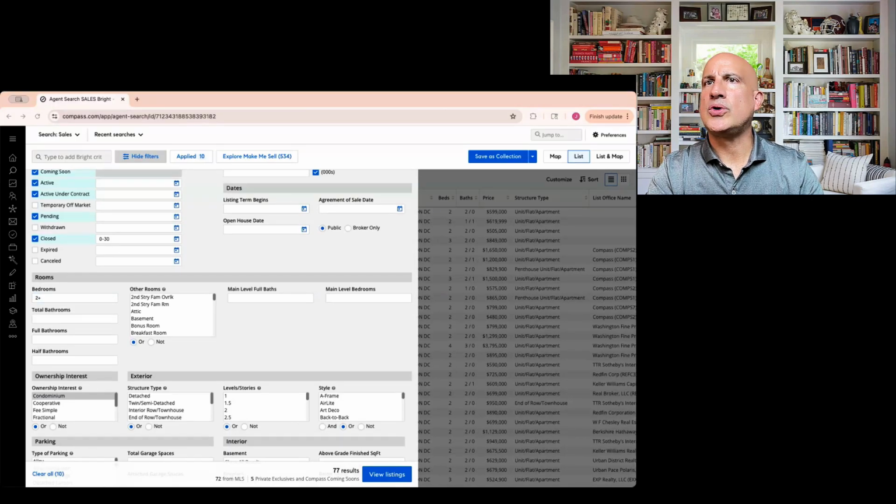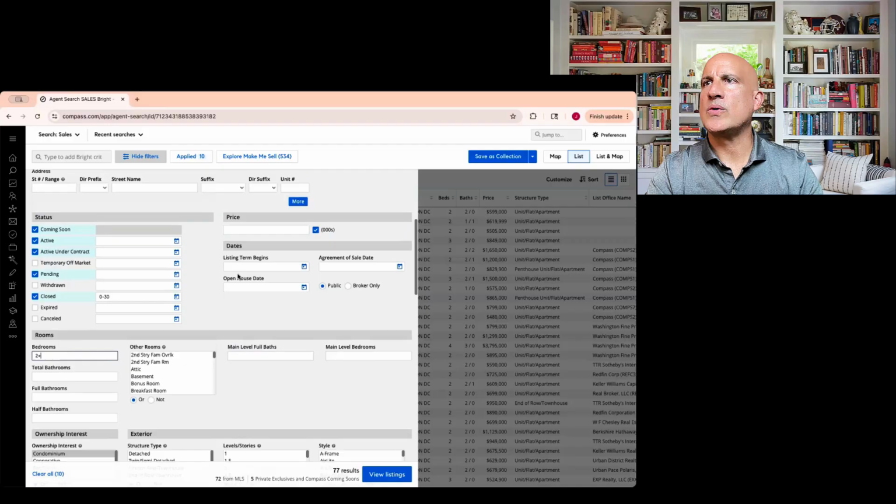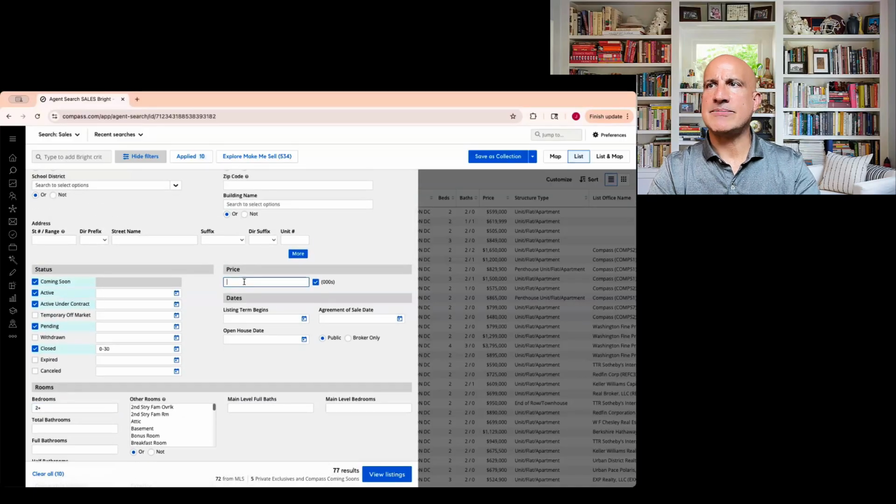The owners of this property bought it for 675 about 5 years ago. So we're going to look at price up or down. Let's go with 150,000 for now.